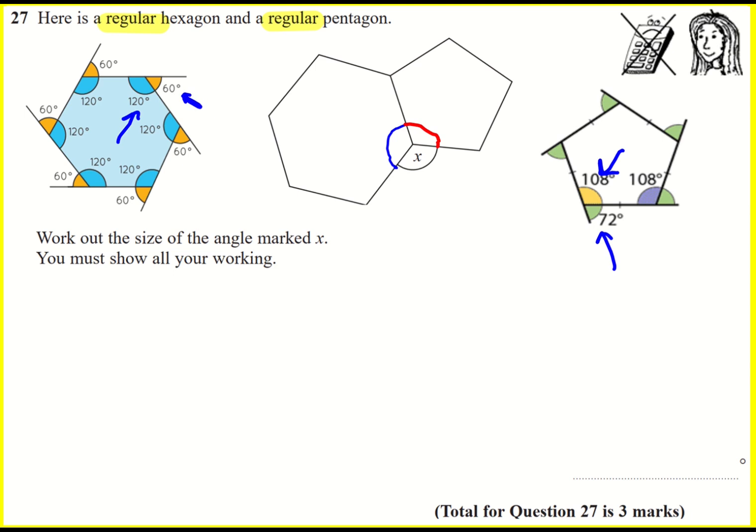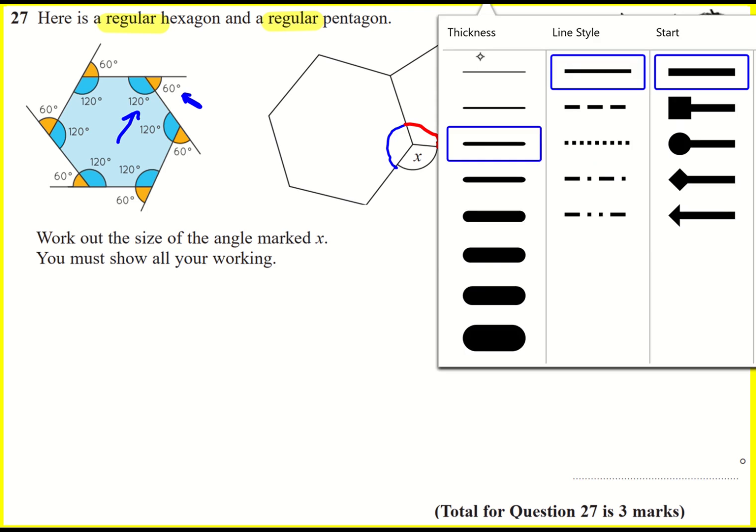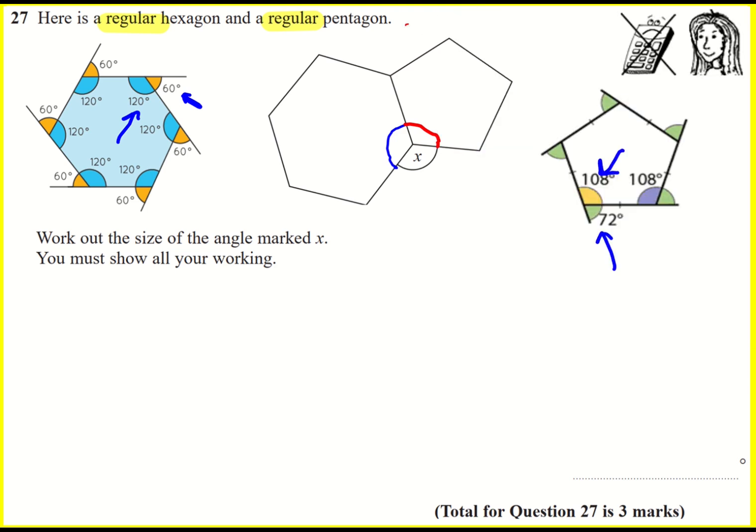So that's great. I can see that therefore this interior angle here would be 108. And this interior angle here would be 120. And I can add those together and subtract from 360 to get my X.